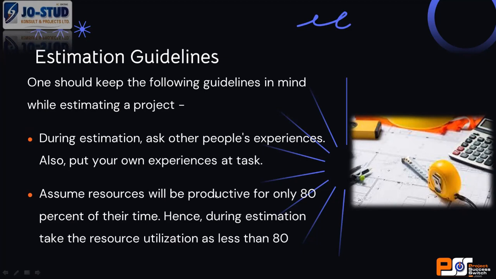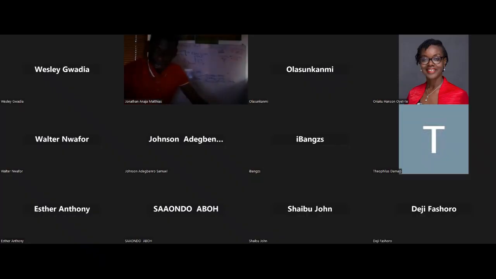It is just a conventional way of doing things. Just assume that your resources will be 80% at maximum. So if they are able to lay, for example, let me just give this example.